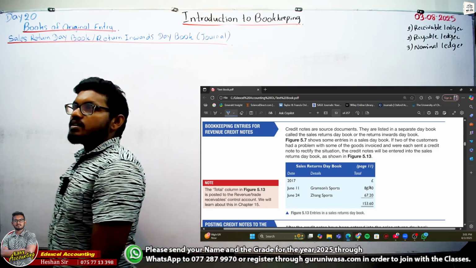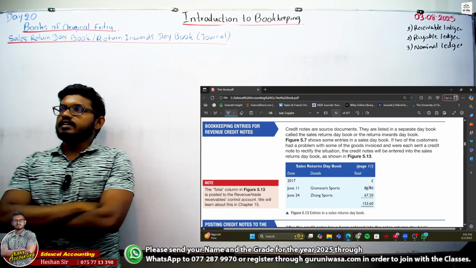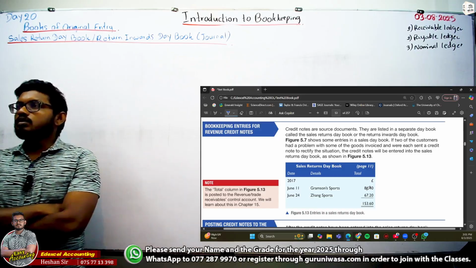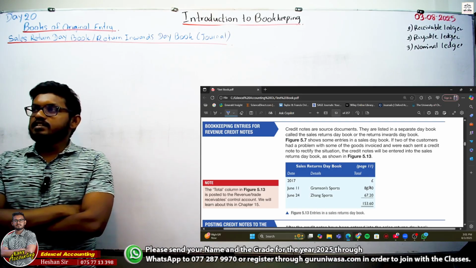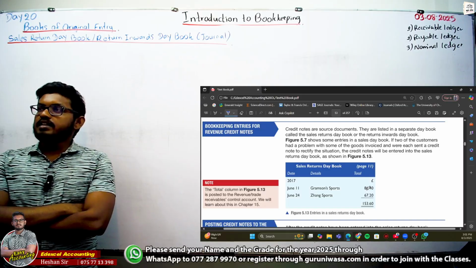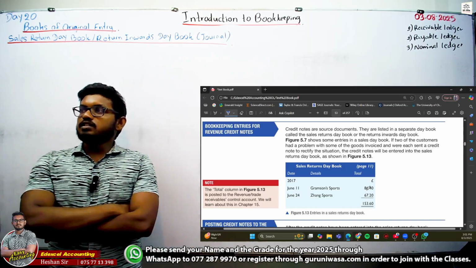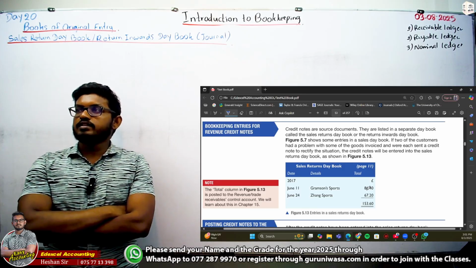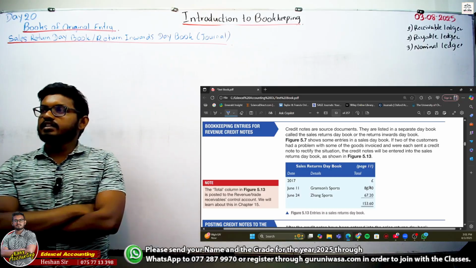They are listed in a separate book, called the sales return day book or the return inwards day book. Figure 5.7 shows some entries in the sales returns day book. If two of the customers had a problem with some of the goods invoiced and were each sent a credit note to rectify the situation, the credit notes will be entered into the sales return day book as shown below.